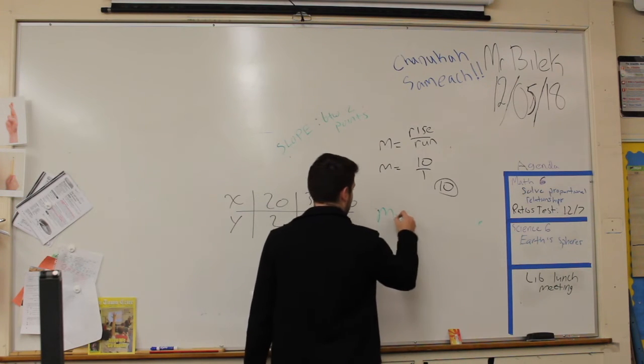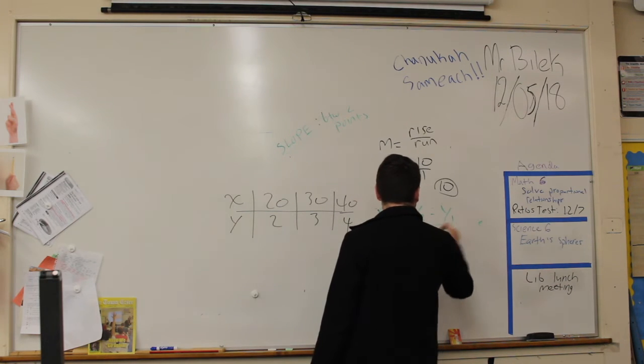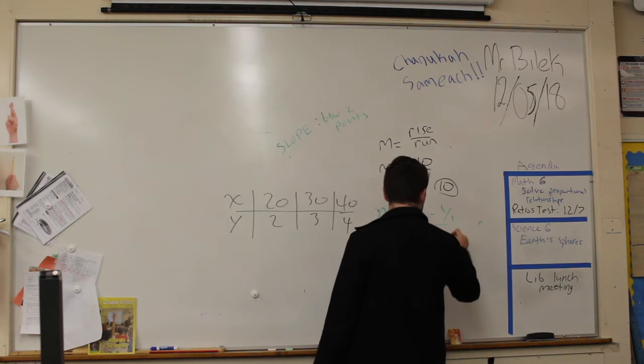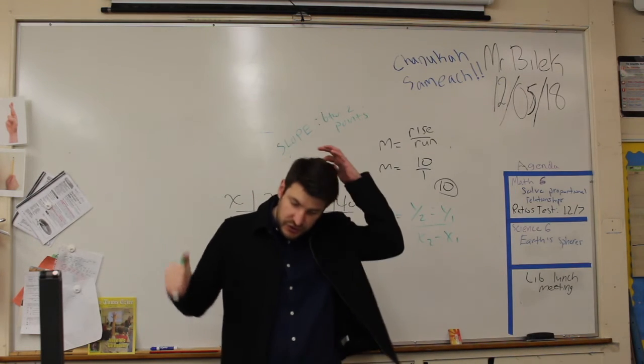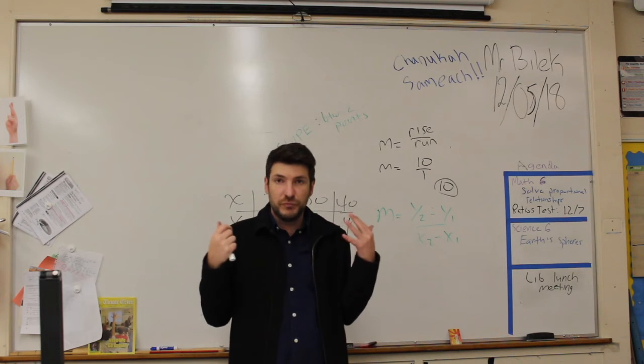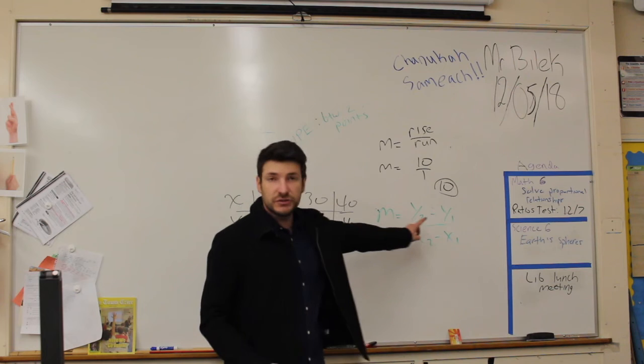The formula is m equals y2 minus y1 over x2 minus x1. And you're looking at me like y2, y1, x2, x1, these sound like movie titles of really weird things. I promise these are not sequels.